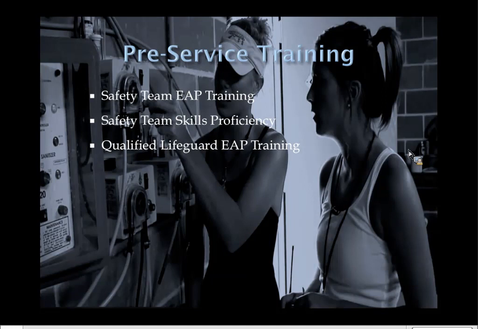Qualified lifeguard EAP training, specific to lifeguards who generally have first response and patient care roles within the EAP. Qualified lifeguard skills proficiency verification. Lifeguards must be able to demonstrate the ability to perform all emergency response tasks and to be able to execute them at the facility where they work.